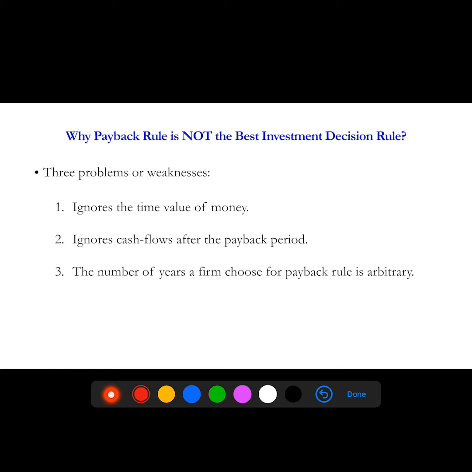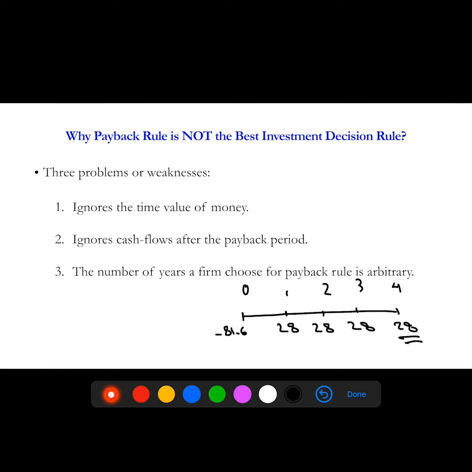So, if you remember when we were calculating the payback period, at time one, two, three, and four, we have $28 million in cash flows. So, once we calculated the payback period, we didn't really care about what is happening after the third year because our payback period was 3 years.